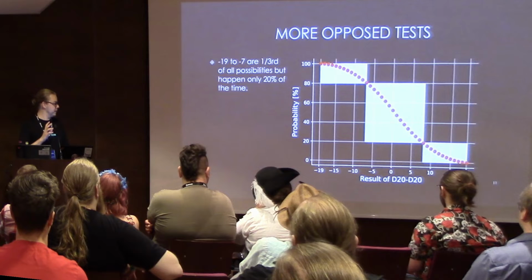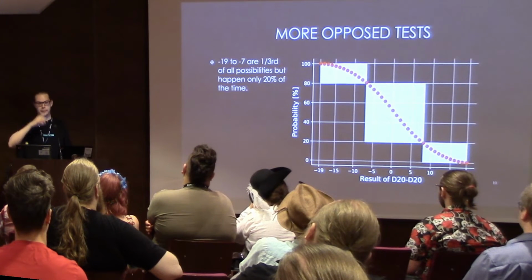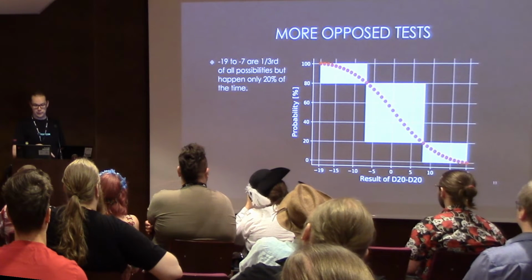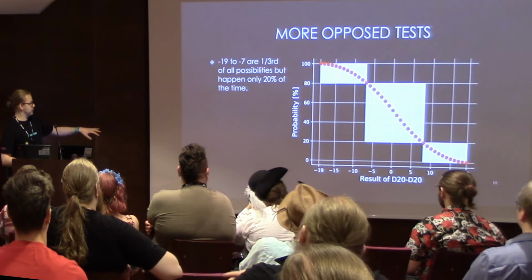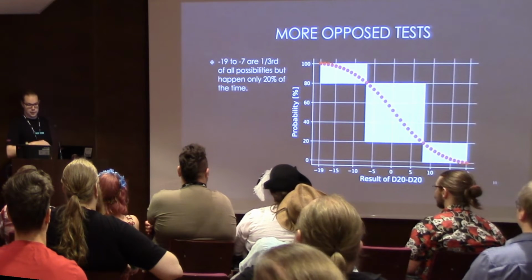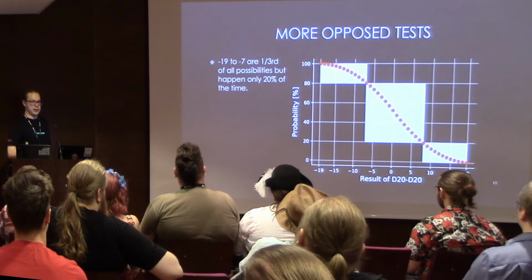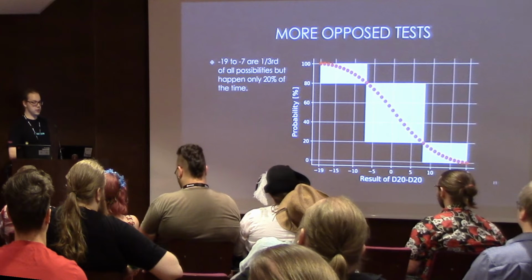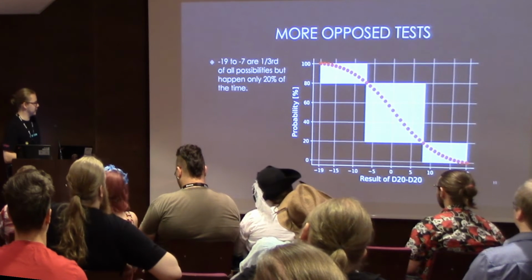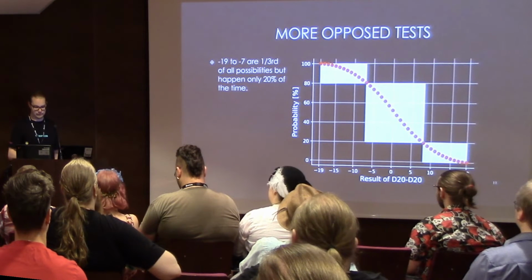So the take-home message from this is that the results towards the middle are actually quite a bit more likely than the results towards the edges. So for example, if you look at the very top left of the graph, on this box there are exactly 1/3 of all of the results, but 80% of the time you see something larger than these results. And this might be a bit counterintuitive, but this is just a consequence of how things work.